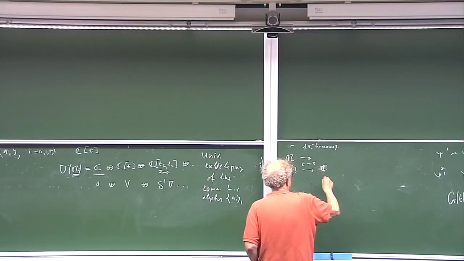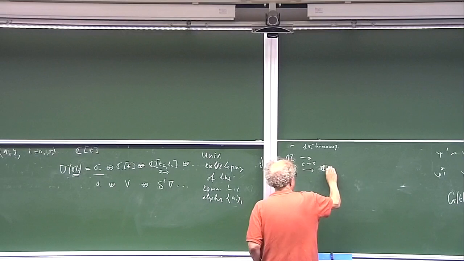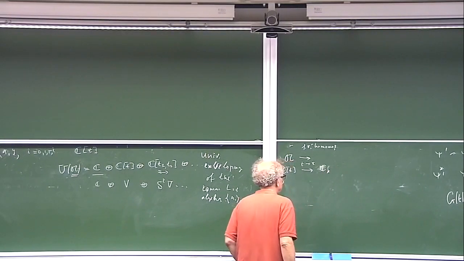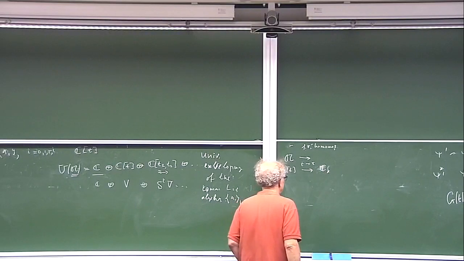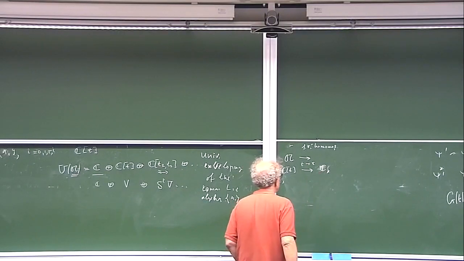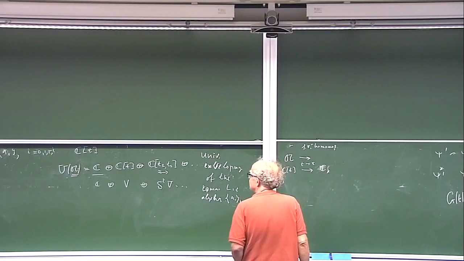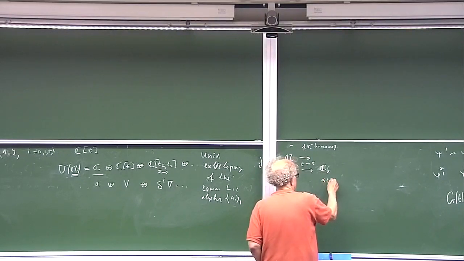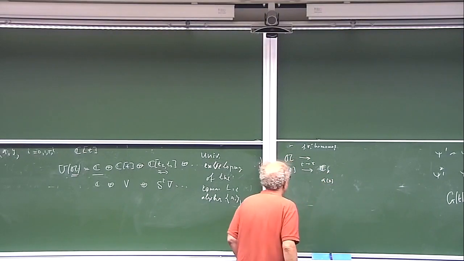Maybe it will be C sitting in a point x. Yes, and this is a one-dimensional Lie algebra, and it has a generator, maybe AX, something like that. It can be some notation.